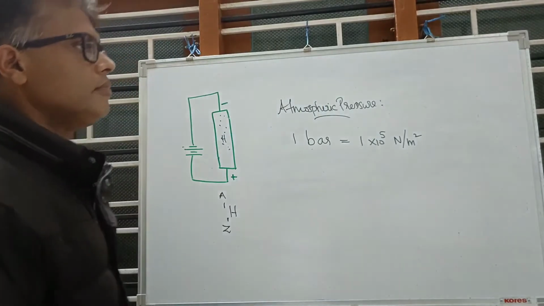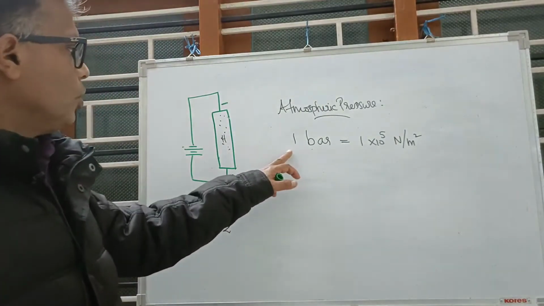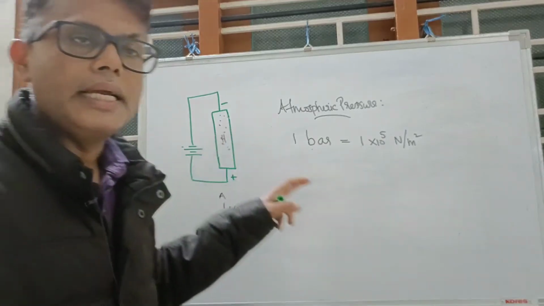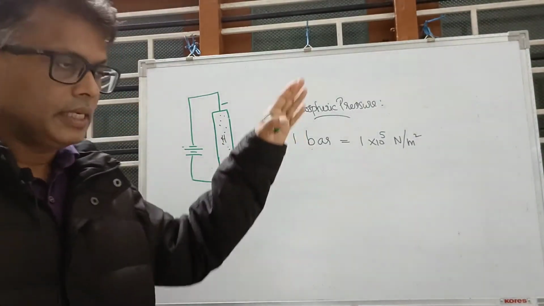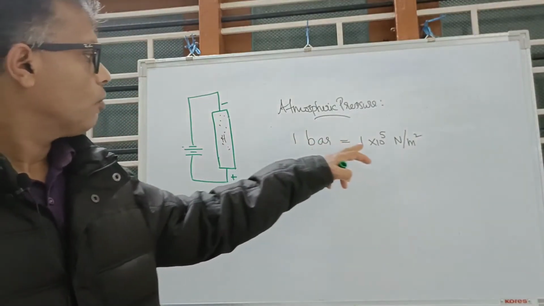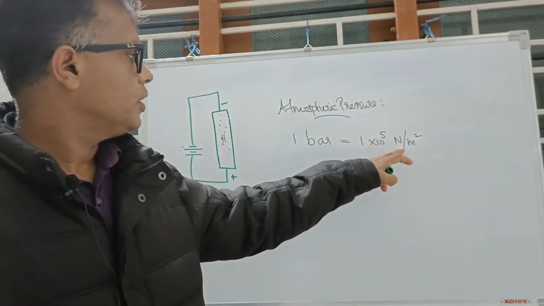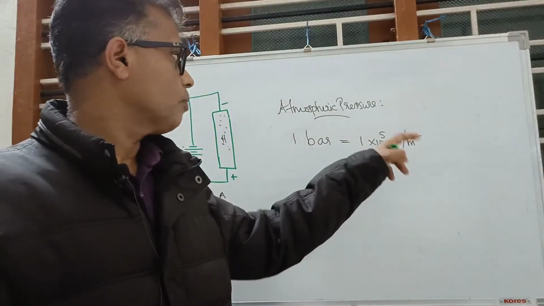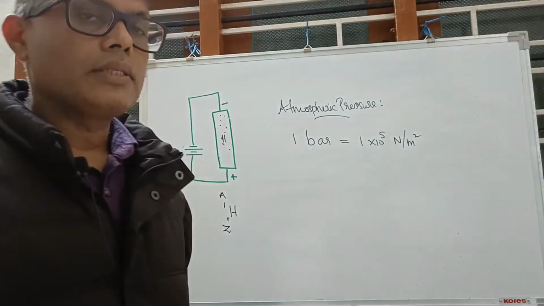Clear, no? Okay. So, I am taking this hydrogen gas inside, not at atmospheric pressure, but less than atmospheric pressure. That means less than 1 bar, or 1 into 10 raised to 5 Newton per meter square, which is also called Pascal. Newton per meter square is called Pascal also.